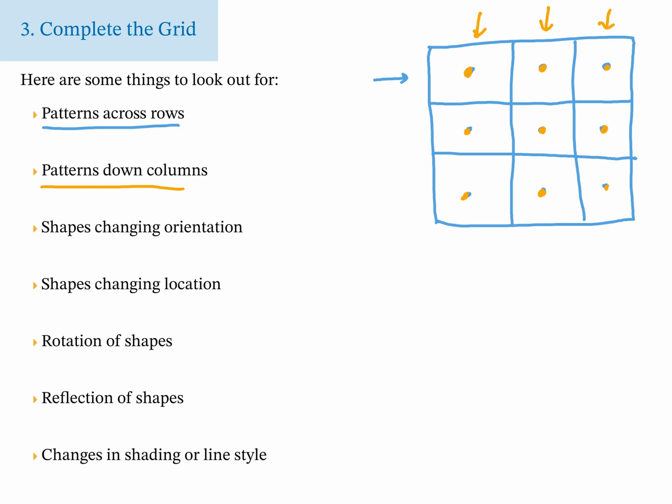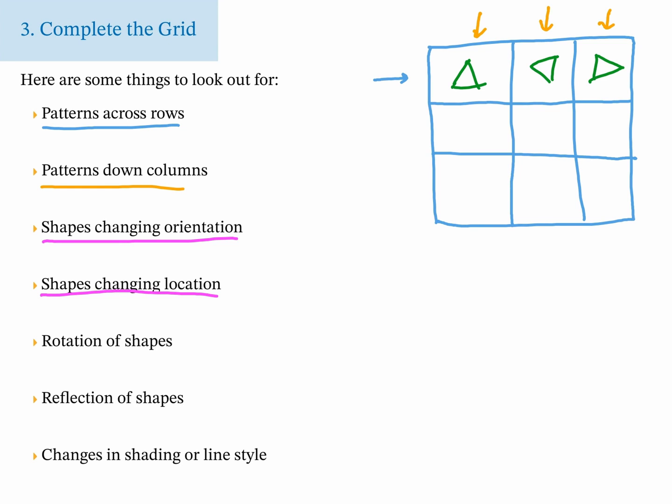Similar to complete the sequence questions we looked at earlier, we also want to look at shapes changing orientation or location. So for example, we might have been given a triangle in this first box that's slightly rotated clockwise in the second box and slightly rotated again in the third box.